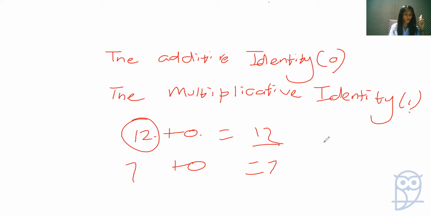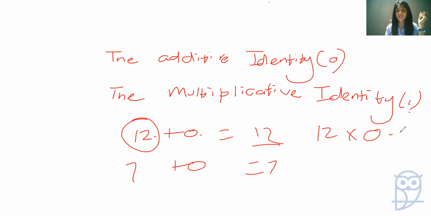But what happens when we multiply? When we multiply a number by 1, the number does not change, so 12 times 1 is 12.